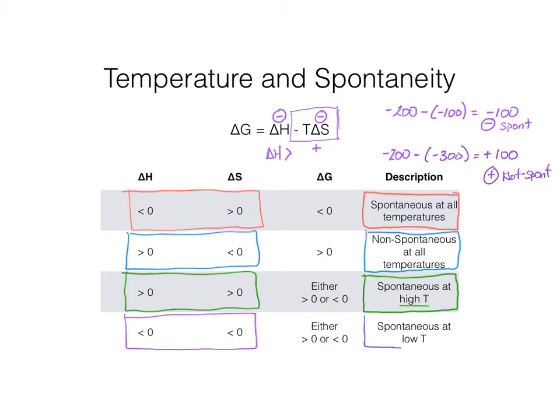And so in this case, these reactions will generally be spontaneous at low temperatures. Basically, we've got to keep the enthalpy big enough so that it overpowers the entropy.